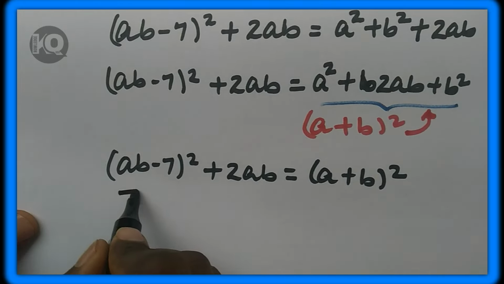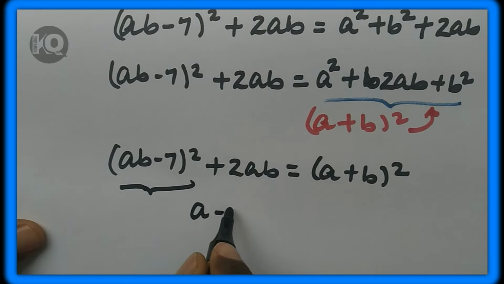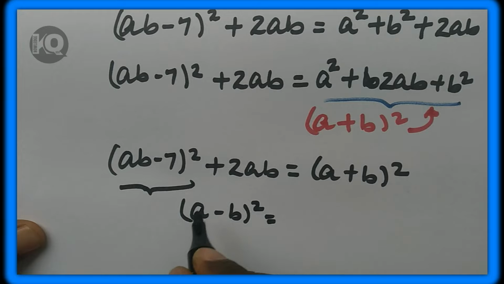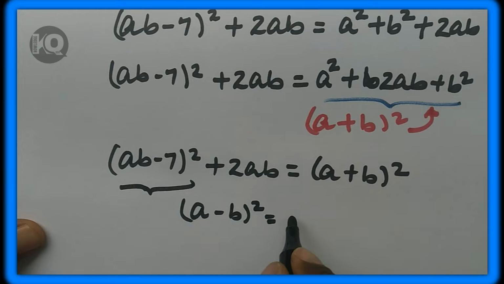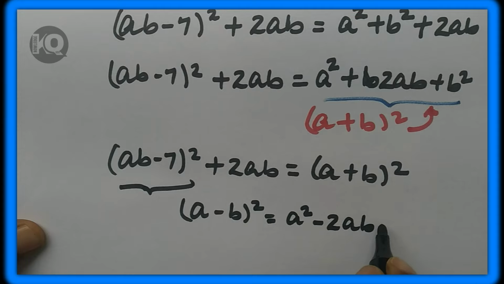So the expression here is in the form of (a − b)², or we can say, you can use x and y, it will be x² − 2xy + y².